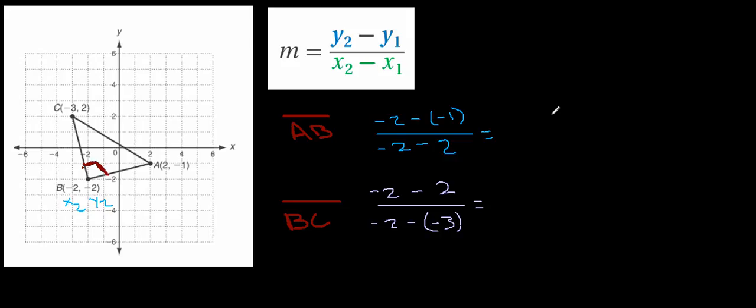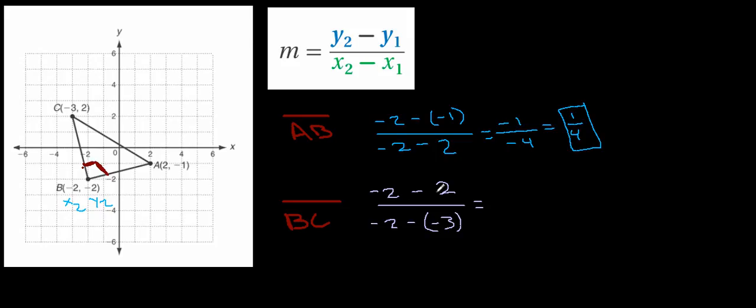I'm going to start with line segment AB. My slope here is going to be -2 minus -1. Well, that's really adding. So -2 plus 1 is going to give me -1, over -2 minus 2, which is -4. So I've really got 1/4 here, and that's my slope.